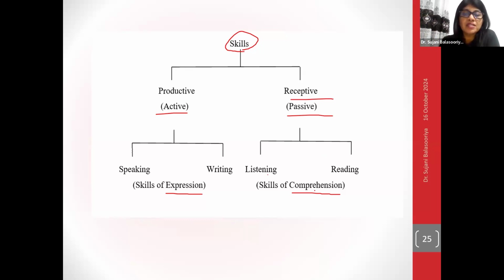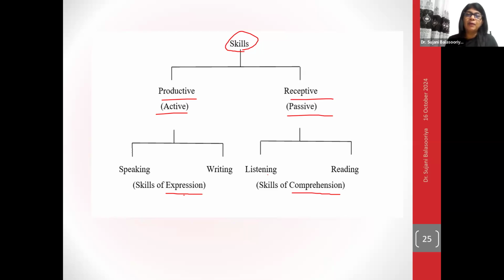If you do not have the skills of comprehension, you do not have proper listening or reading ability. On the other hand, productive skills are speaking and writing, and they are called skills of expression. You produce something, you express something on your own. For that you use speaking as well as writing skill.